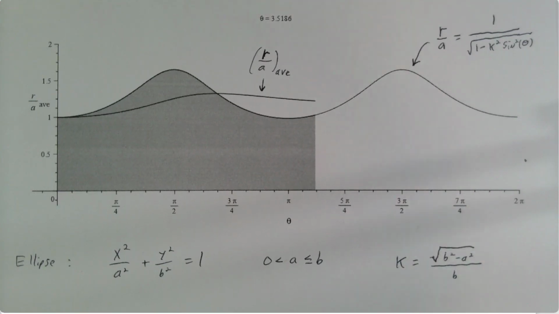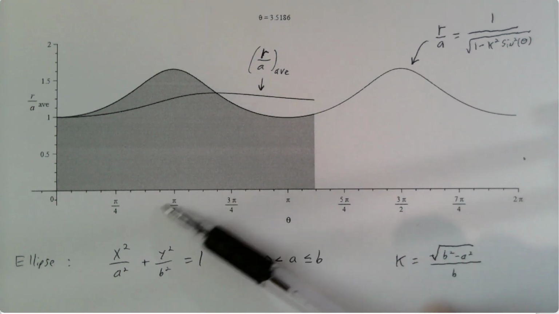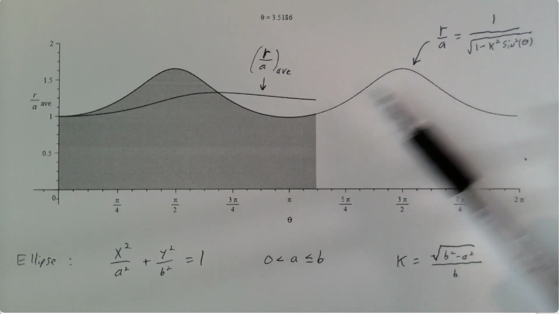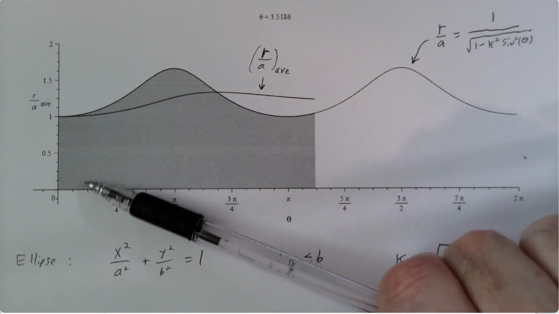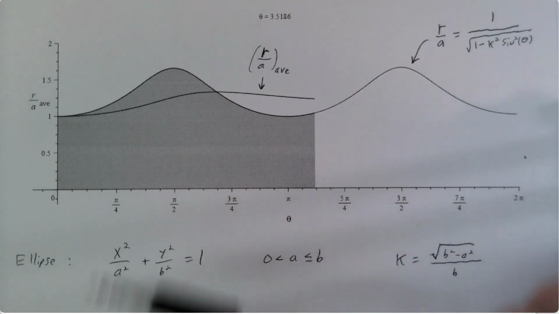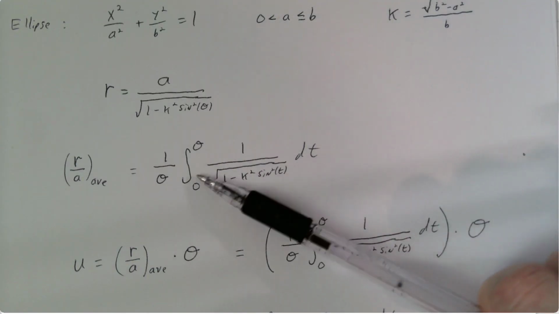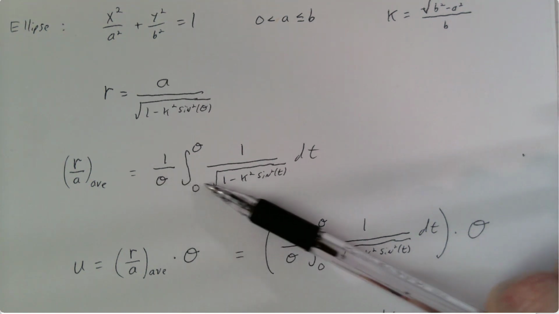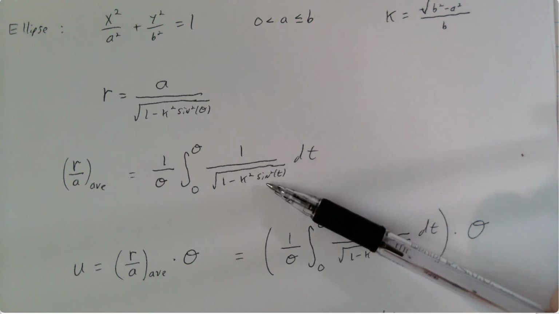I'll look at some graphs shortly, but here's one here. So if you've got your integrand, the average value, r over a, is measured in units of the minor axis. So here's r, and r over a is just this.